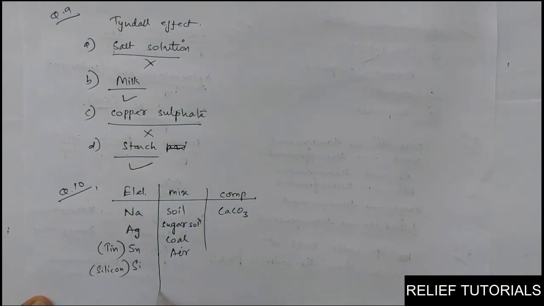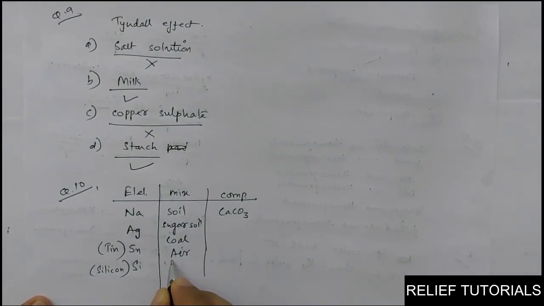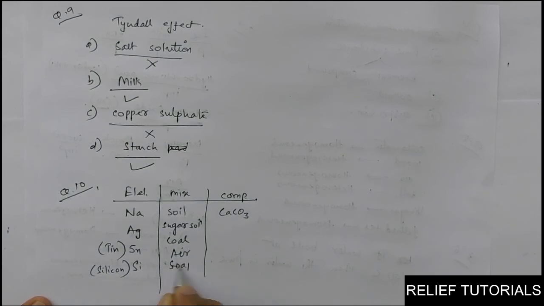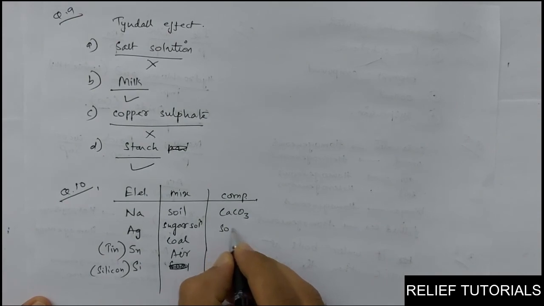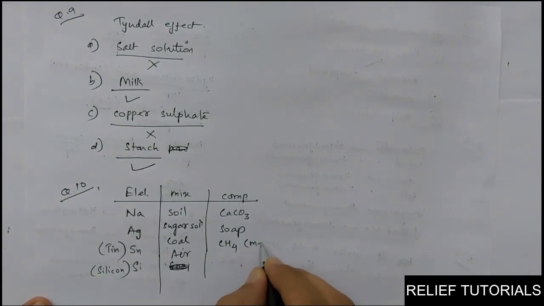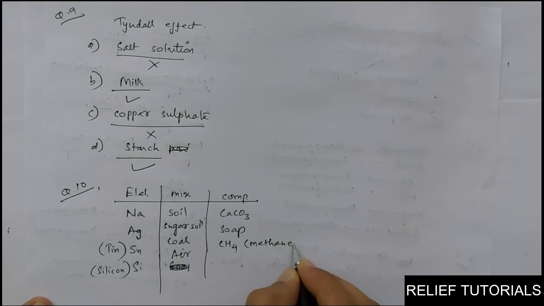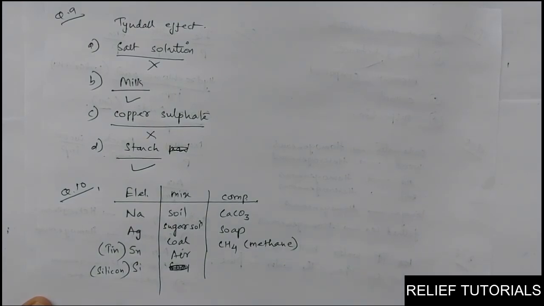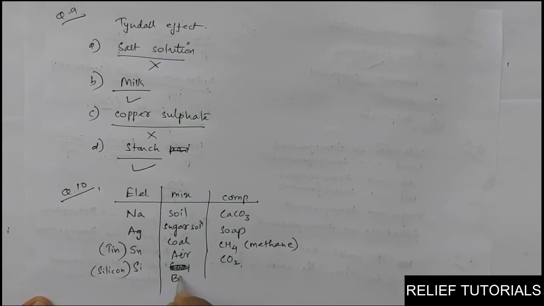Soap is also a mixture. Methane, having the chemical formula CH4, it is a compound. Carbon dioxide, CO2, compound. Blood is a colloidal mixture.